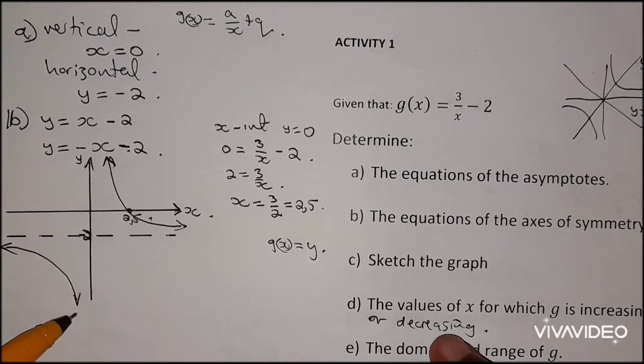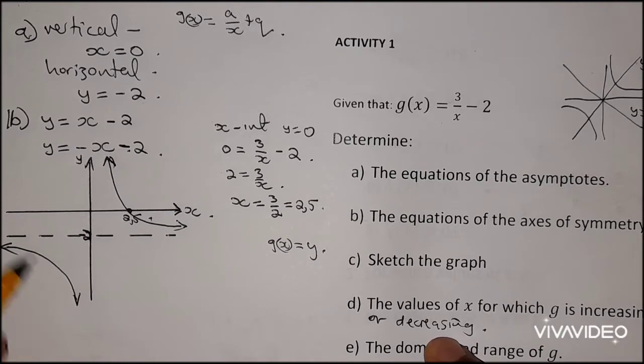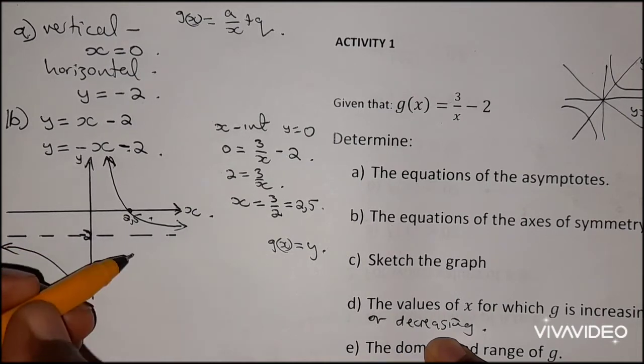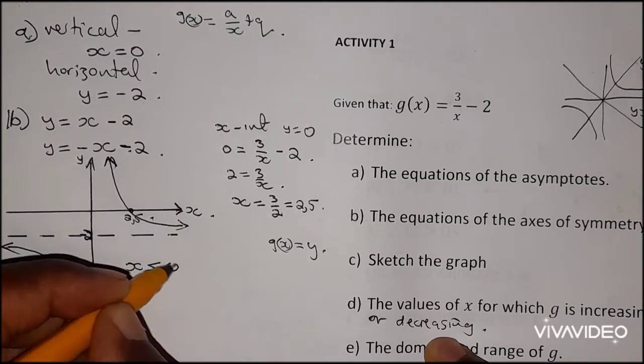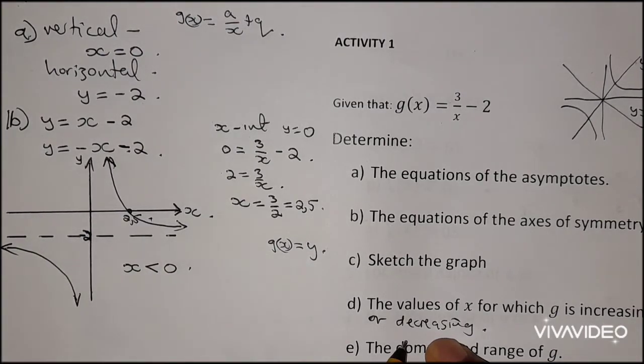So the left part of the function is decreasing, right? So for the values of x less than 0, it is decreasing.